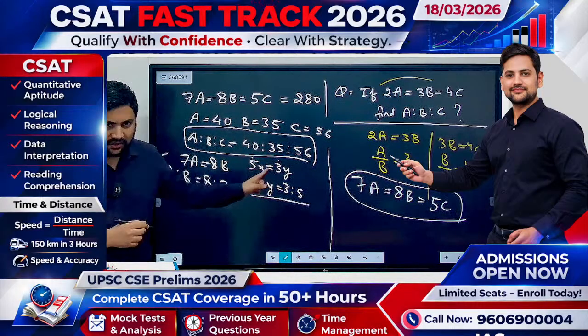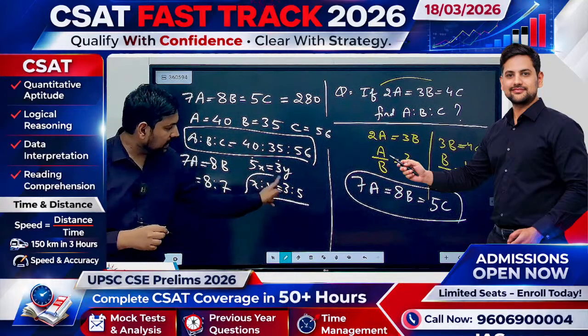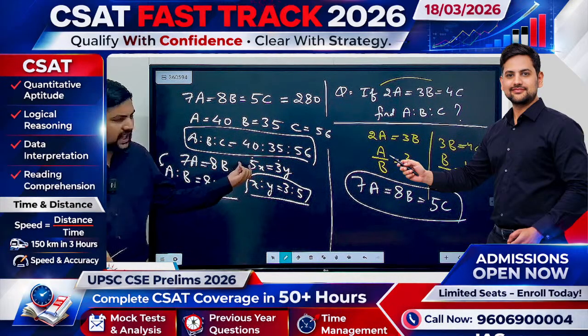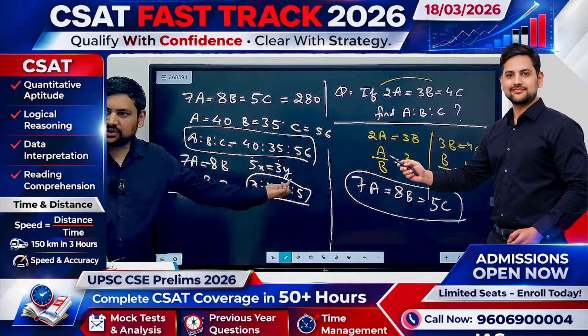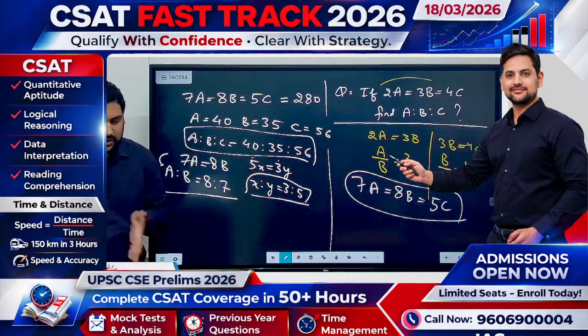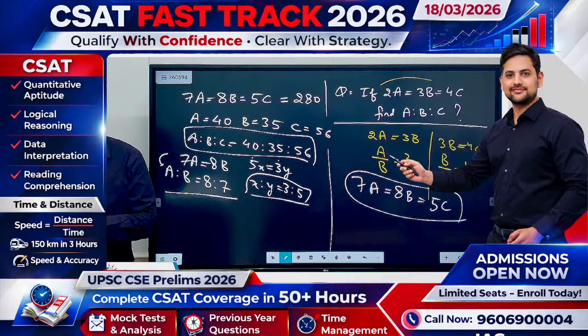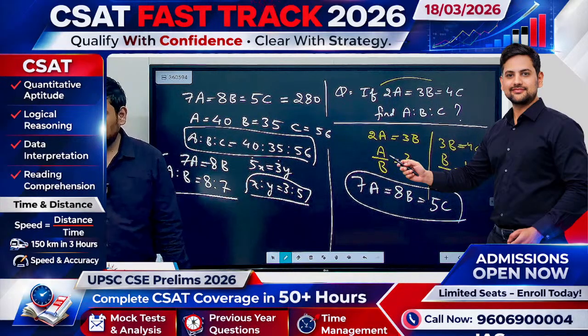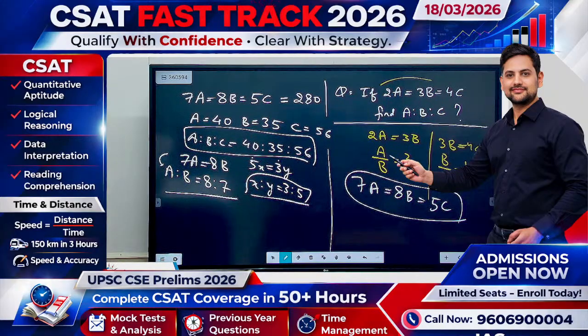So when you get something like this, you immediately write x ratio y is equals to 3 ratio 5. Intuitively, how you understand: 5 units of x is equals to 3 units of y. So ideally, x should be smaller because we need 5 units of it to equate it to 3 units of y. So x ratio y becomes 3 ratio 5. That's it. Now we'll get to word problems.